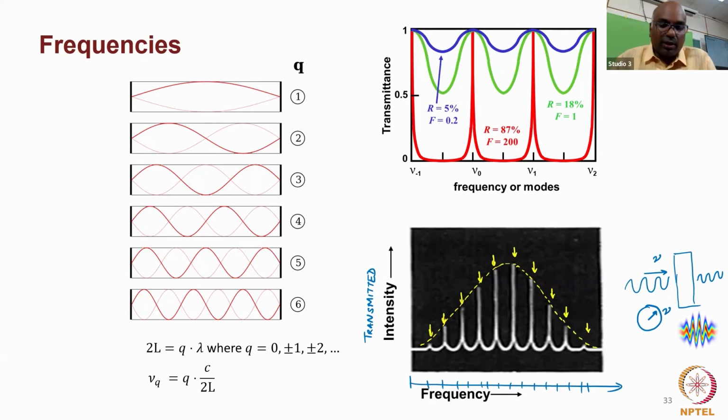It's not necessarily, or need not in general be, a Gaussian, but the envelope of these maxima is not flat. In the idealized situation which we had considered earlier, all the maxima corresponded to a transmittance of unity, whereas here that's not the case. Each different maximum has a different value, right?